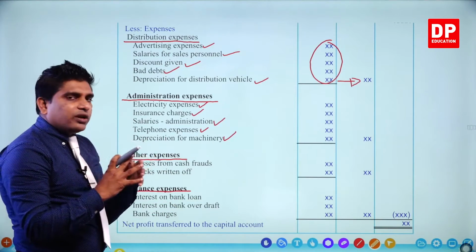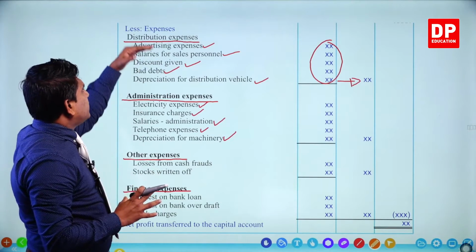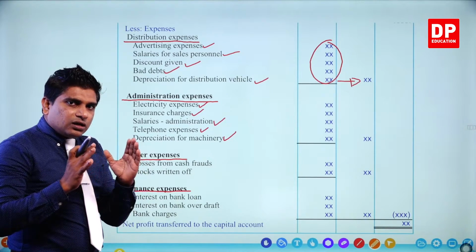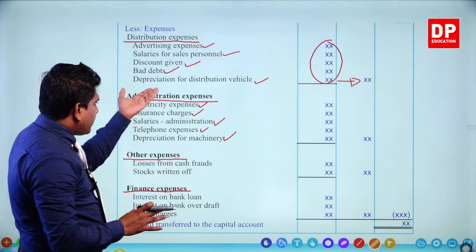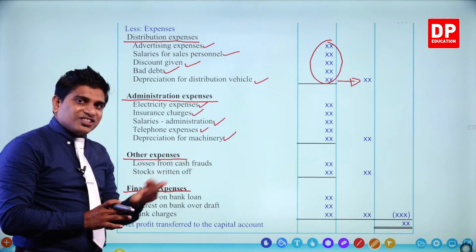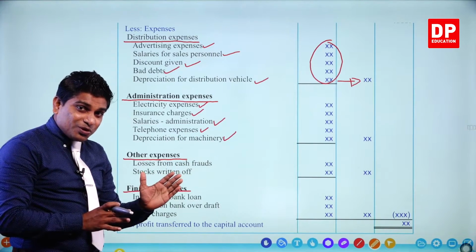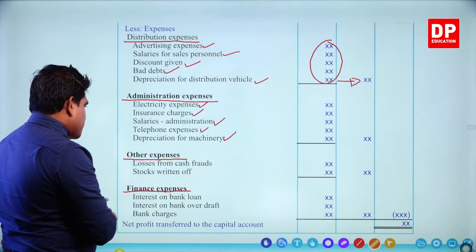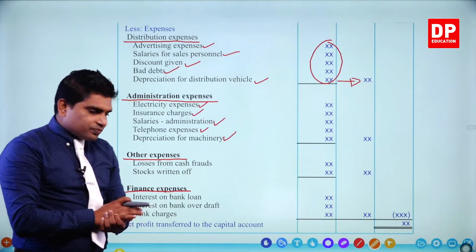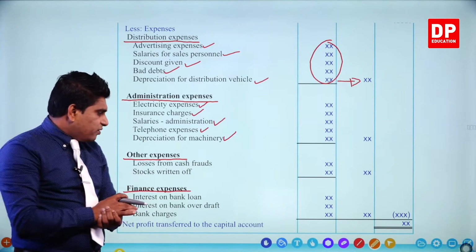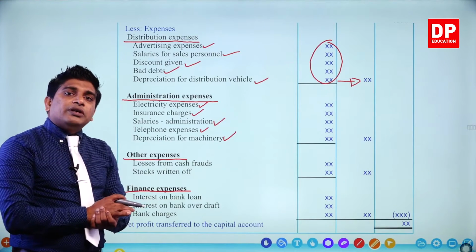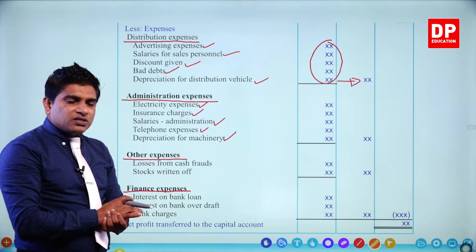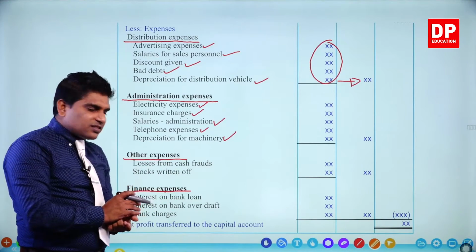Only the distributing vehicle depreciation comes under the distributing expense category. All other non-current assets depreciation we write under the administration expenses, not the distribution. Then other expenses: losses from frauds, stocks written off. If you want, you can put donation, stock losses. These are the expenses which come under the other expenses category.